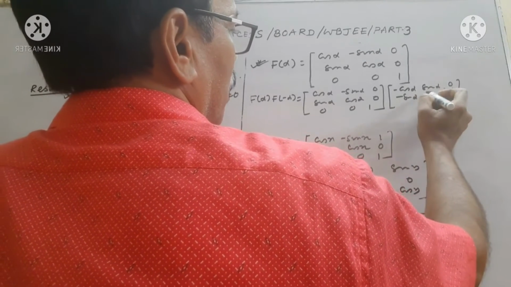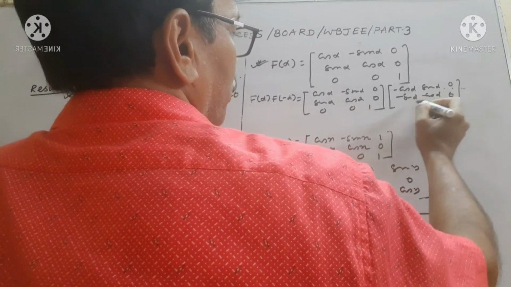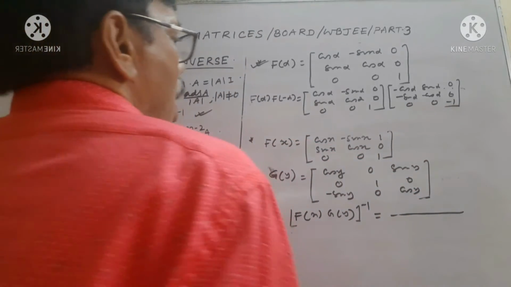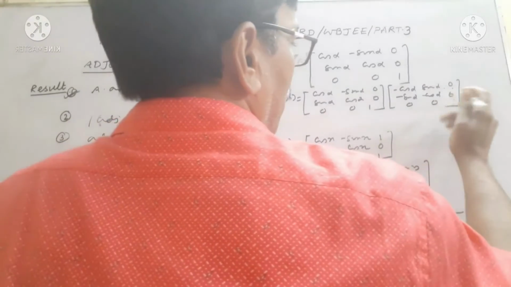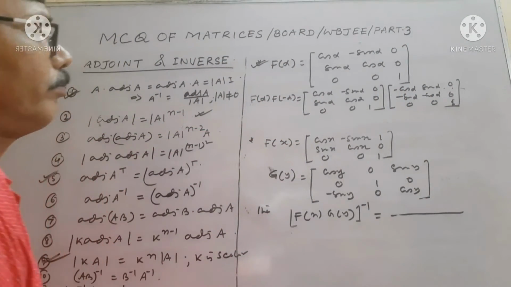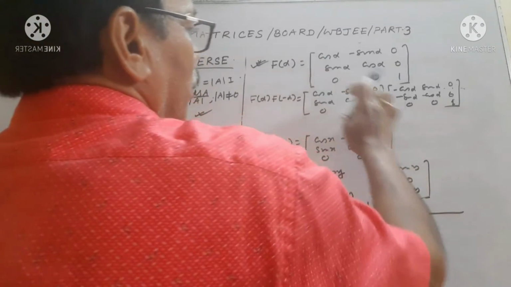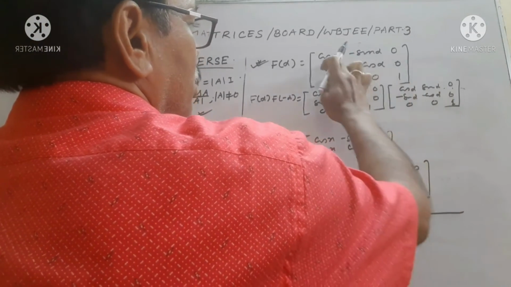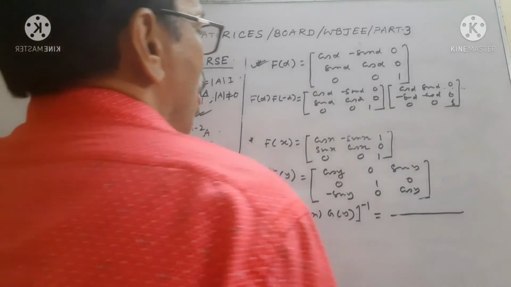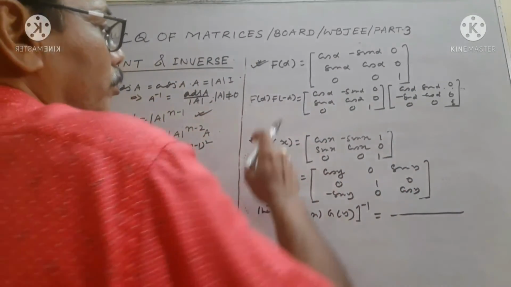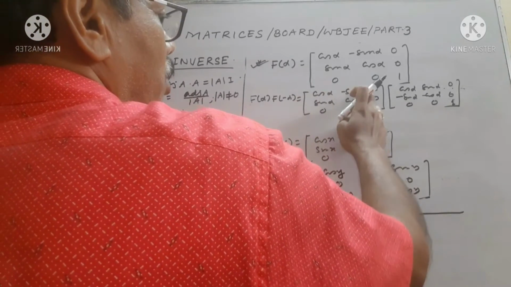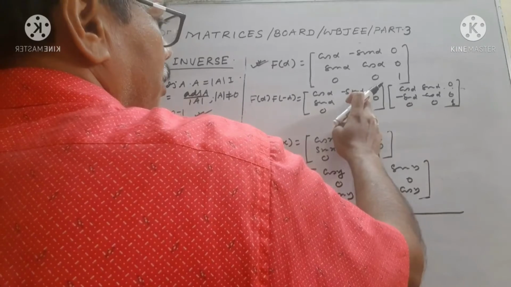Replacing alpha by minus alpha, cos of minus alpha is cos alpha, and sin of minus alpha is minus sin alpha.